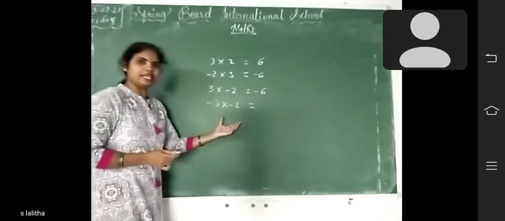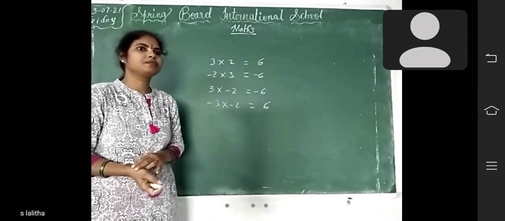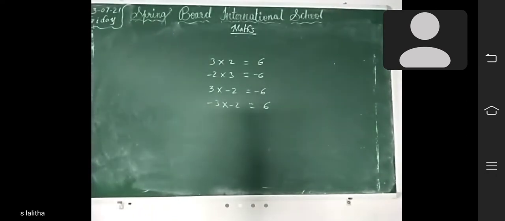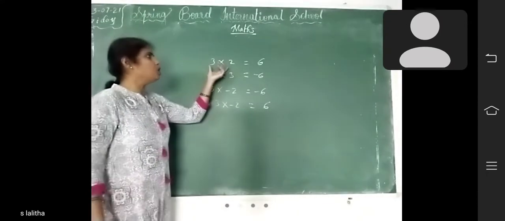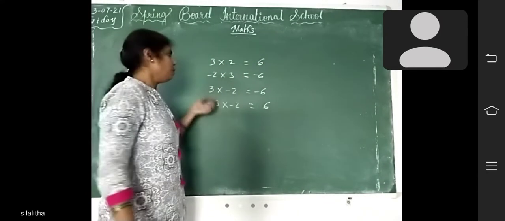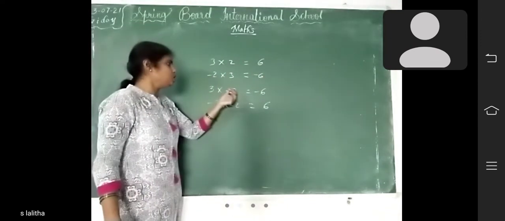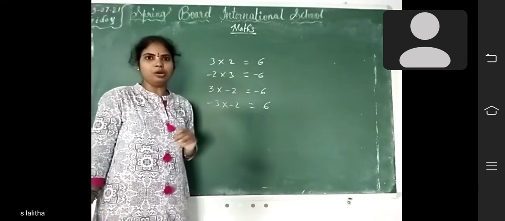The product of two negative integers is positive, 3 twos are 6, minus of minus is plus 6. Did you understand the properties?